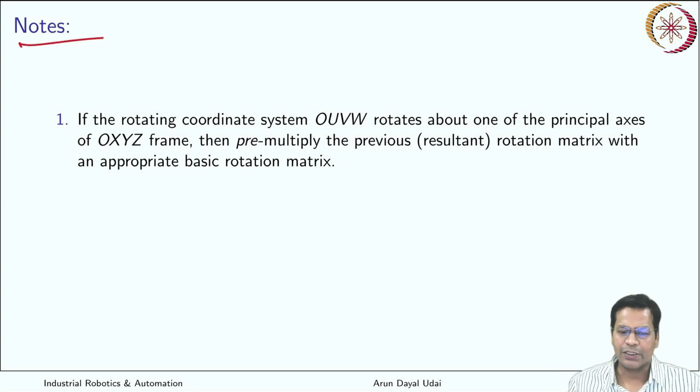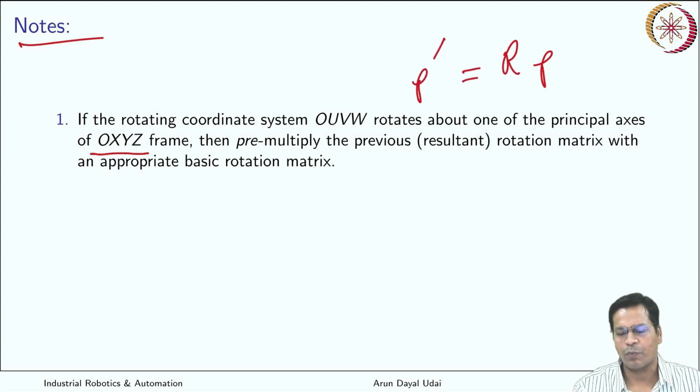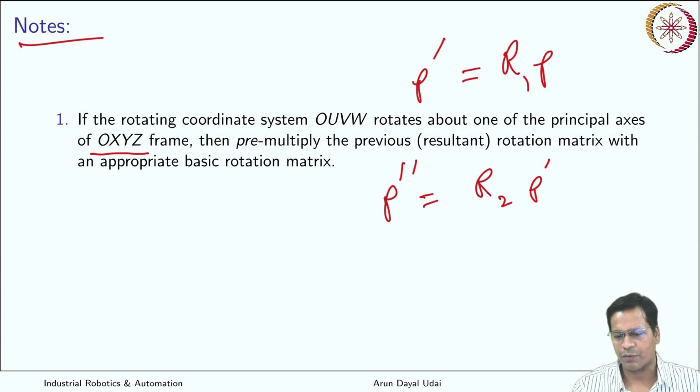If the rotating coordinate system OUVW rotates about one of the principal axes OXYZ, then you saw you were doing a pre-multiplication of the previous resultant rotation matrix with the appropriate basic rotation matrix. So what do I mean? First, let us start with the point: you applied a rotation matrix, you reach a new point. Now for the second transformation, you have to apply the next transformation to P dash. Okay, not just rotation, it can be any transformation.